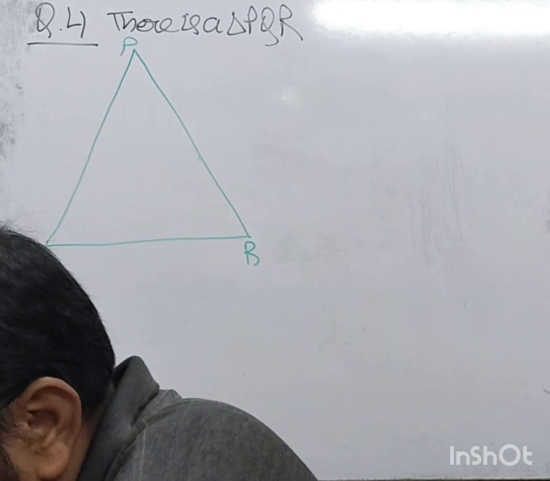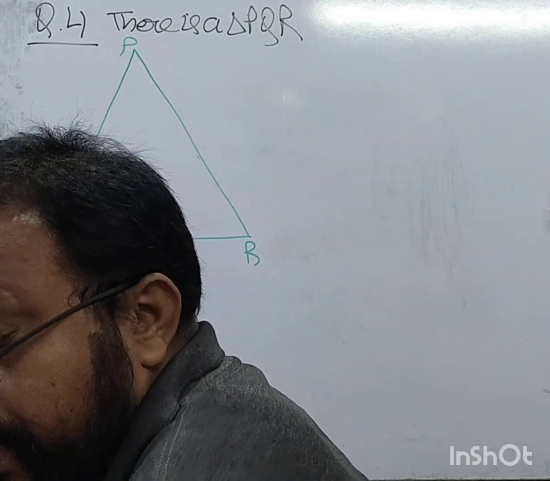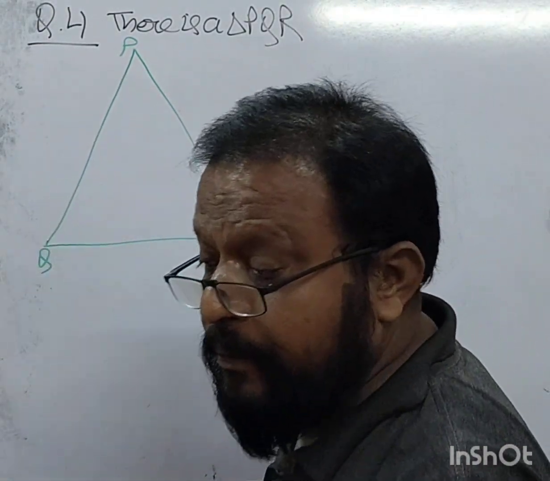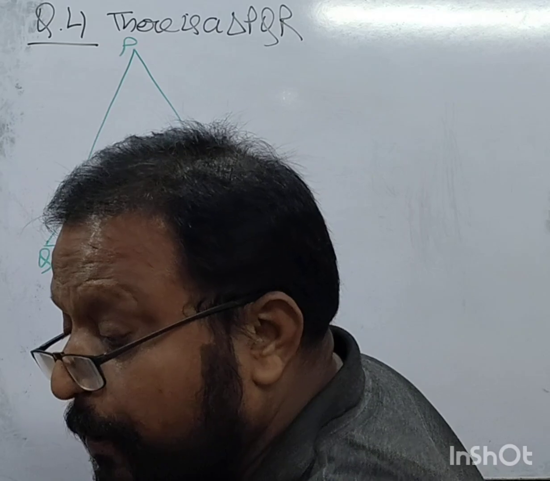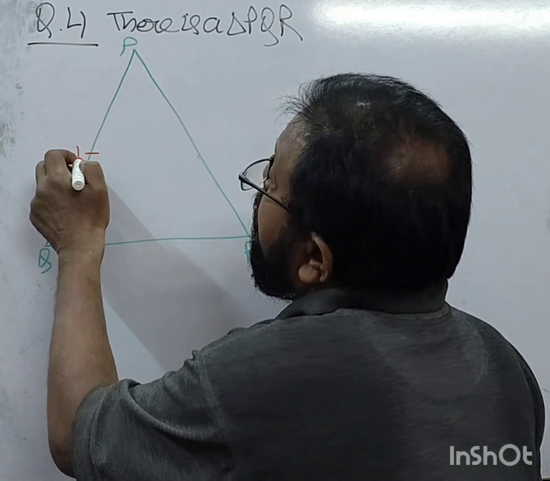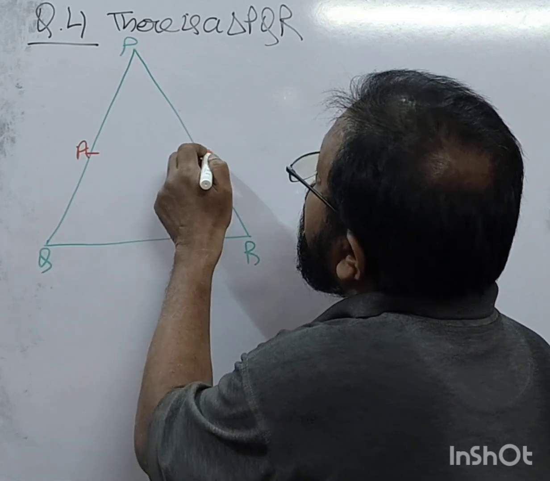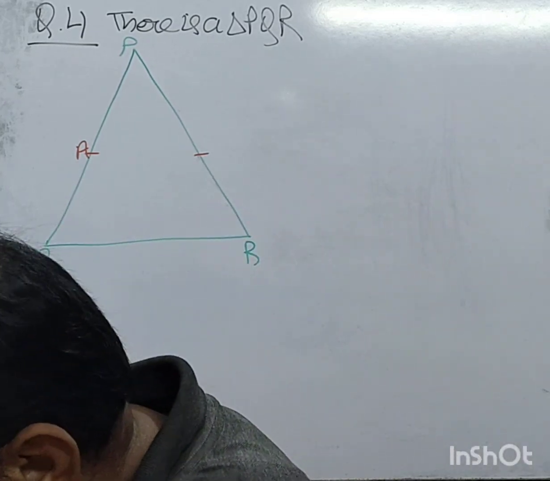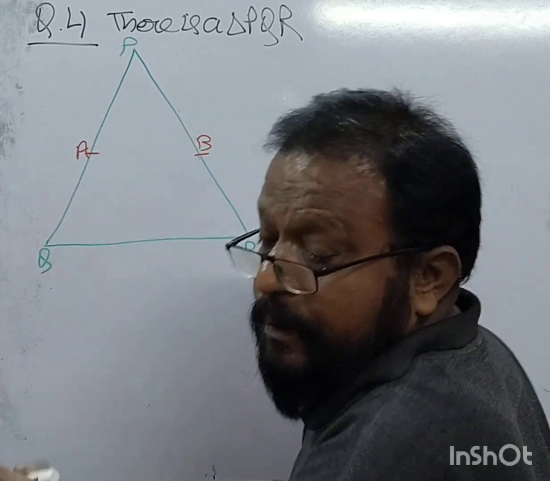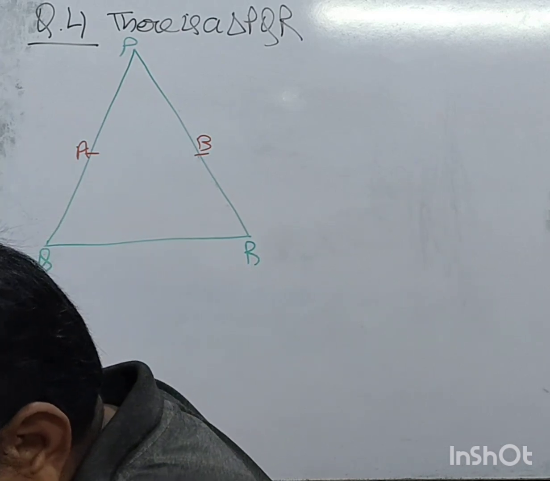On PQ there is point A, and on PR there is point B.